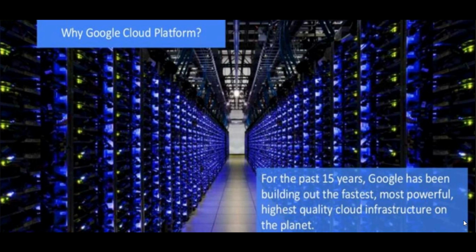And they say that their data centers are also green. They are more eco-friendly data centers, as they try to generate the power for the data center primarily using windmills and other solar energy in some parts of the globe as well.